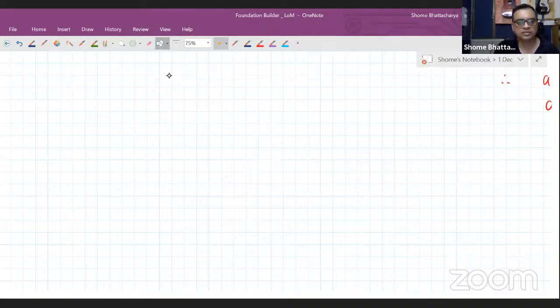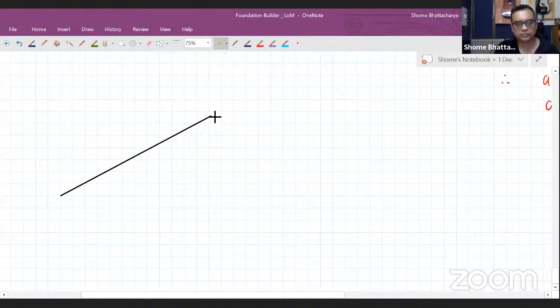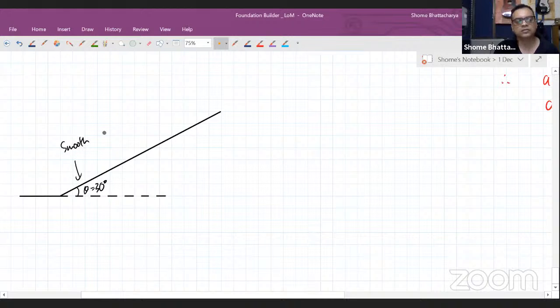So this time our system also involves an inclined plane. So this is a fixed inclined plane of 30-degree angle, smooth.